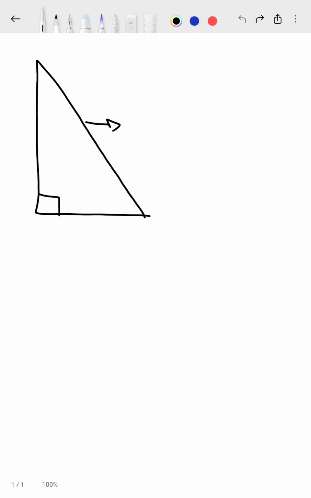So, for example po, the given here is 3 and then 4. So ano po ang Pythagorean natin? C squared is equal to A squared plus B squared. So ang C squared po natin stands for the hypotenuse. So C stands for the hypotenuse.